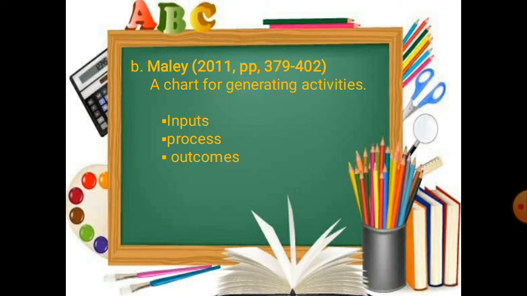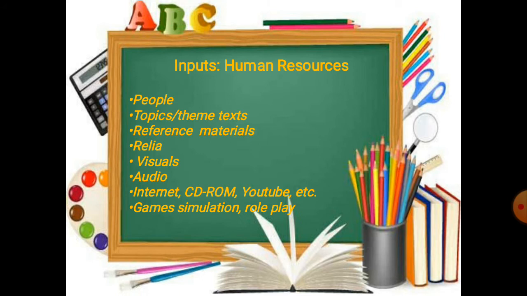And according to Maley 2011, in terms of a chart for generating ideas, he divided it into three: the inputs, process, and the outcomes. When we say inputs, this is all about the human resources, like people.